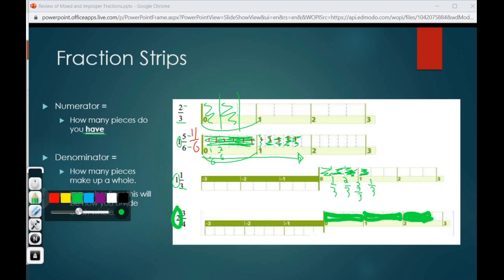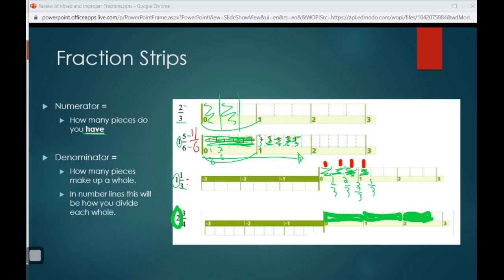So let's find what these last 2 were as improper fractions. So we're going to count. 1, 1, 2, 3, 4. So this will be 4 out of 3. It's going to be out of 3 because we still have this out of 3 pieces, right?